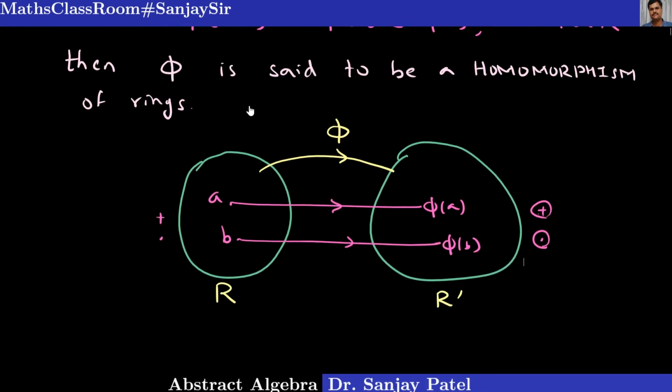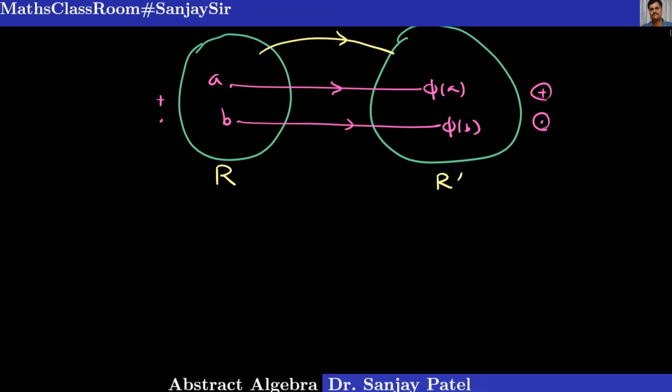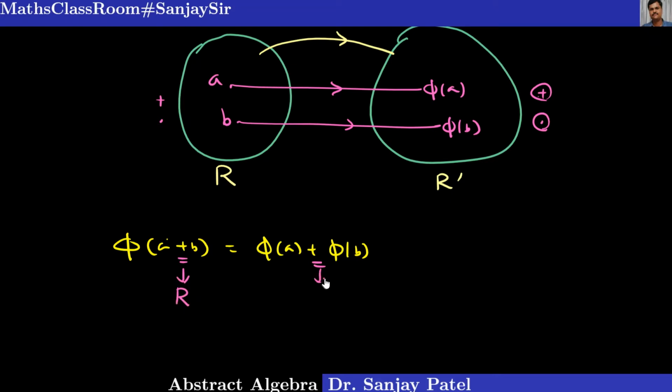In some books you will find that they use the same notation for both the operations of domain and codomain. I can explain that like this. If I write φ(a + b) = φ(a) + φ(b), then remember that these two plus signs are different. They are not the same addition. This plus is the operation of the ring R and this plus is the operation of the codomain ring.